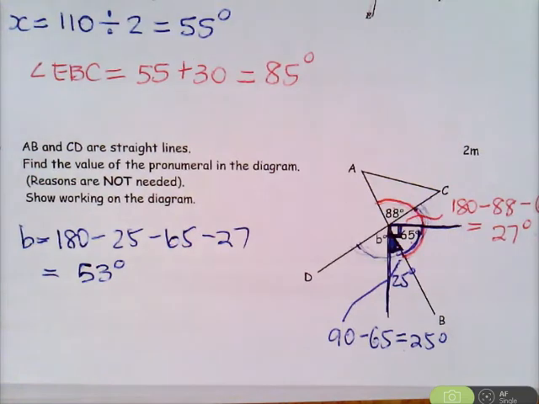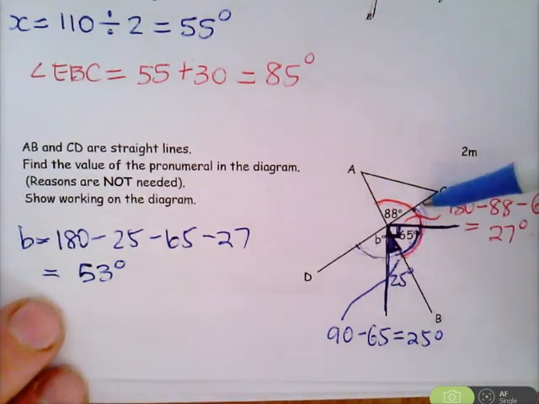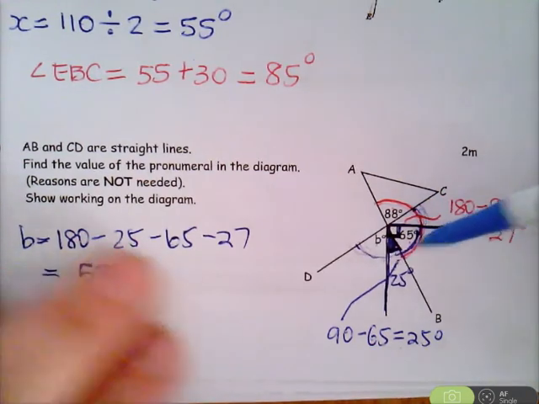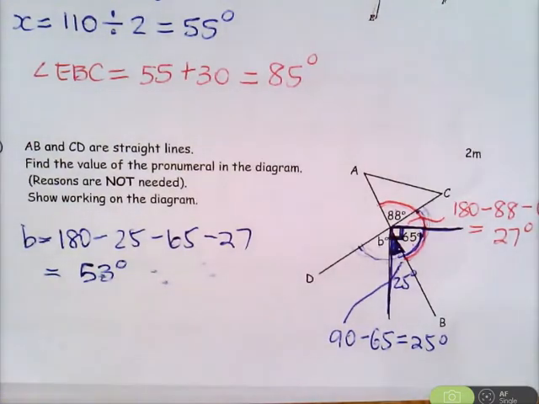So just showing that again, B is 180 because I've got a whole straight line here, minus this 25, minus that 65, minus that 27, and that gives me 53 degrees.